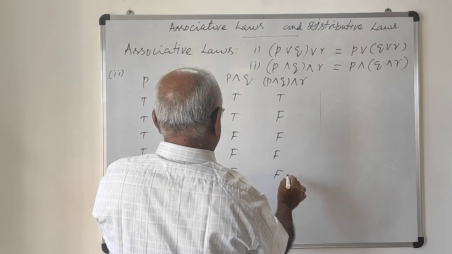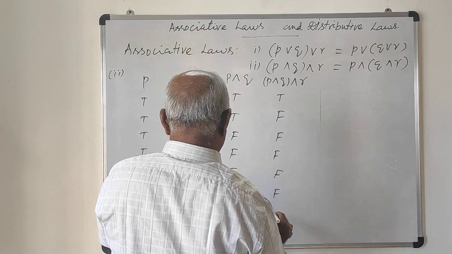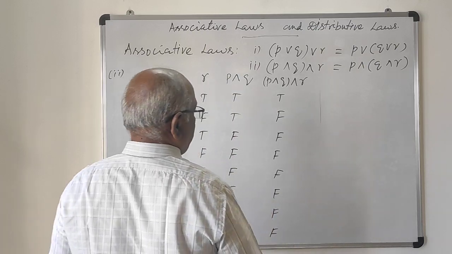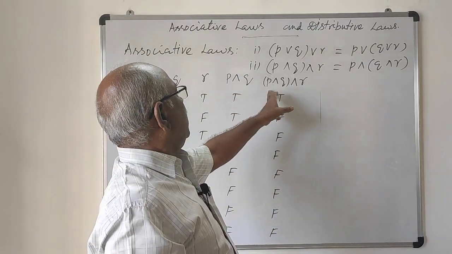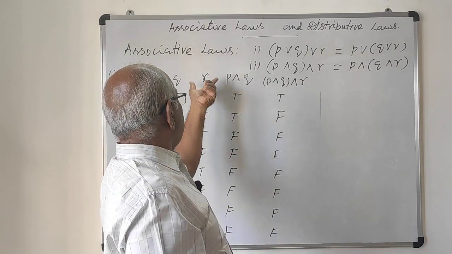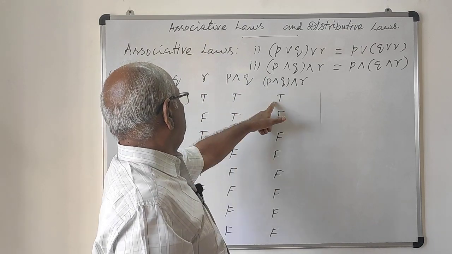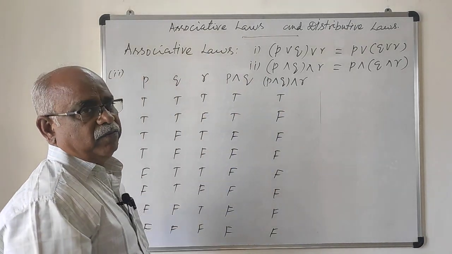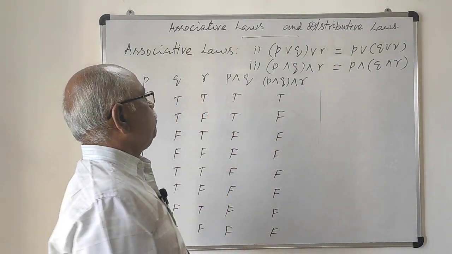So in the conjunction of P conjunction Q conjunction R, where both are T the truth value is T, the rest of the values are F.